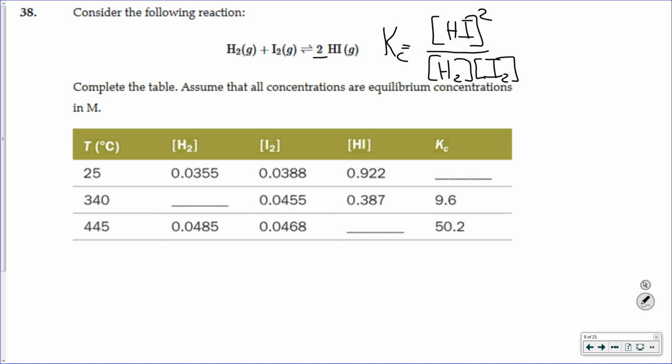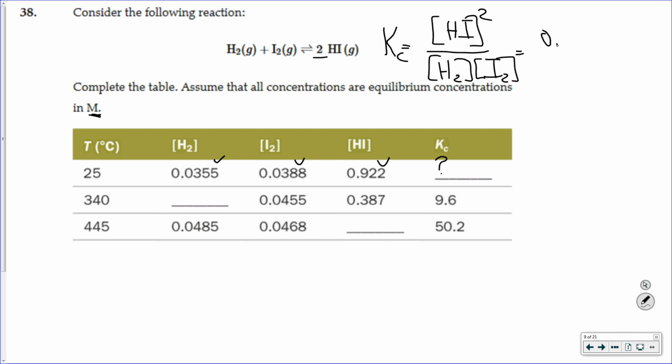Okay, so I need to fill in all the blanks. It tells me that the concentrations given are molar concentrations, so I've got all of those. On the first one, I'm trying to find out what K sub C is. I know the concentration of all the reactants, as well as the product. I just simply plug them into the equation and crank it out.